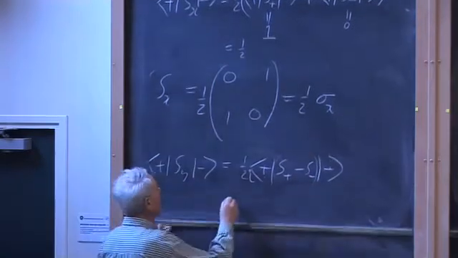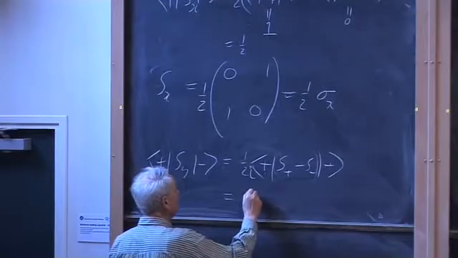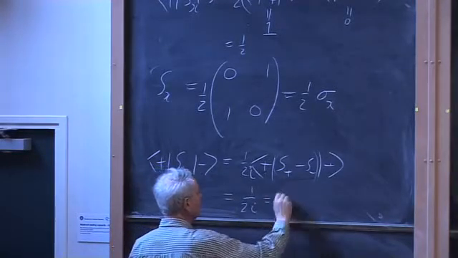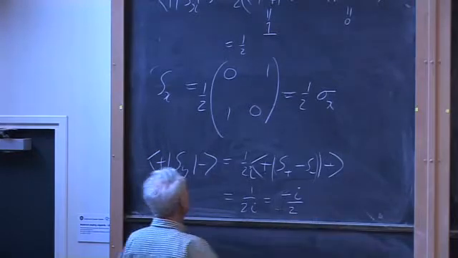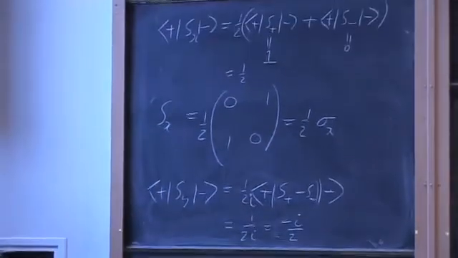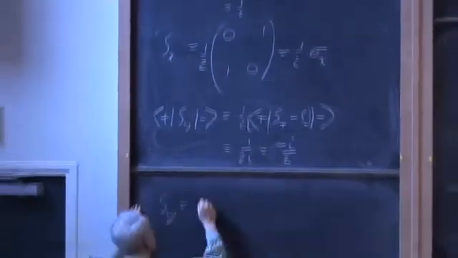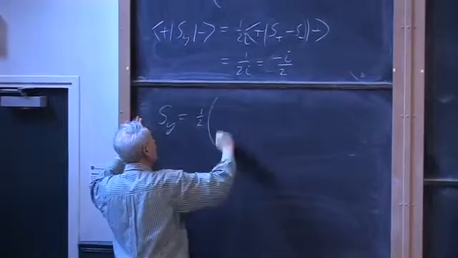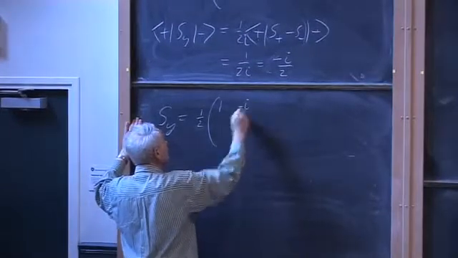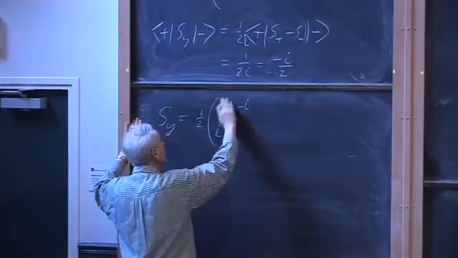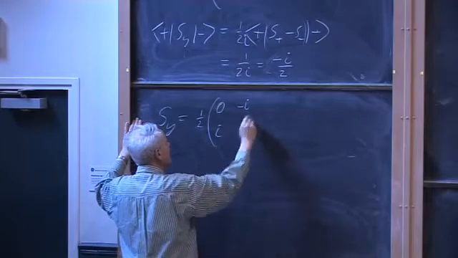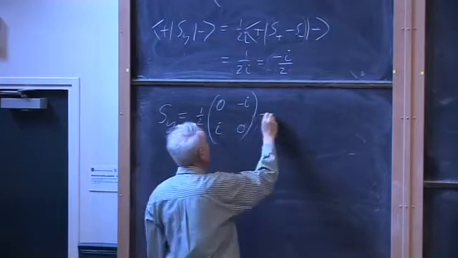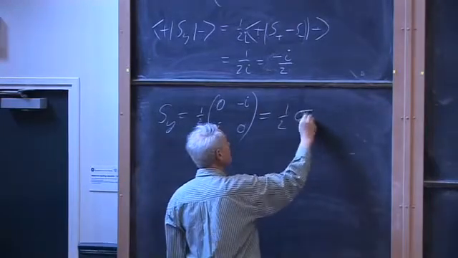So therefore, this is equal to 1 over 2i, also known as a half minus i over 2. So the matrix representing Sy is going to be a half of 1 minus i, and nothing, nothing. The diagonal elements will be nothing for the same reason that they were with x, also known as a half of Pauli's matrix sigma y.